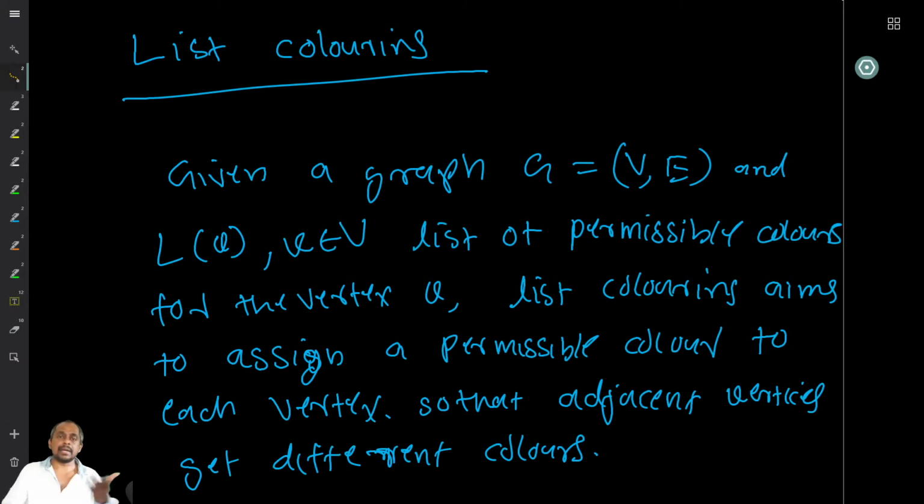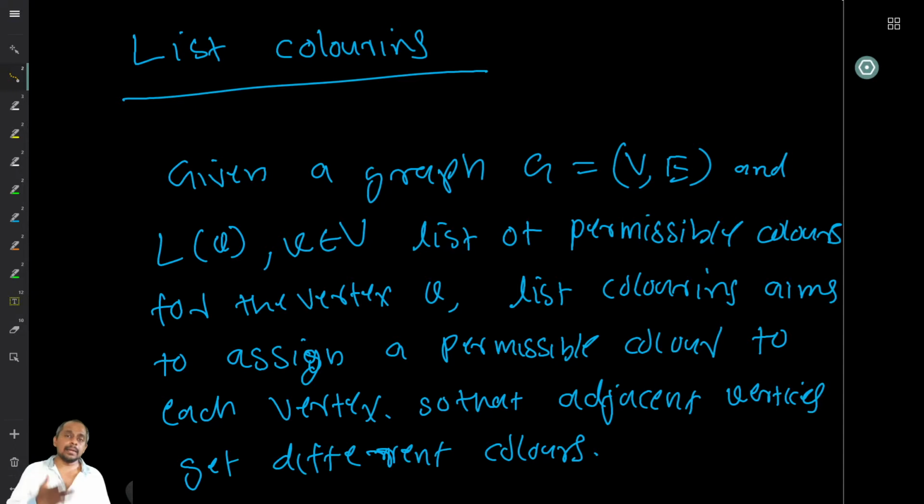Such graphs are bipartite, because all the vertices of color 1 form an independent set, and all the vertices of color 2 also form an independent set. So I have a partition of the vertex set into 2 independent sets, therefore it is a bipartite graph. Bipartite graphs can always be 2 colored.